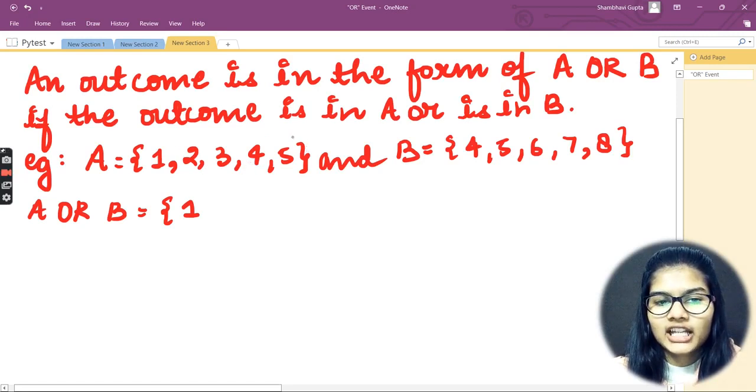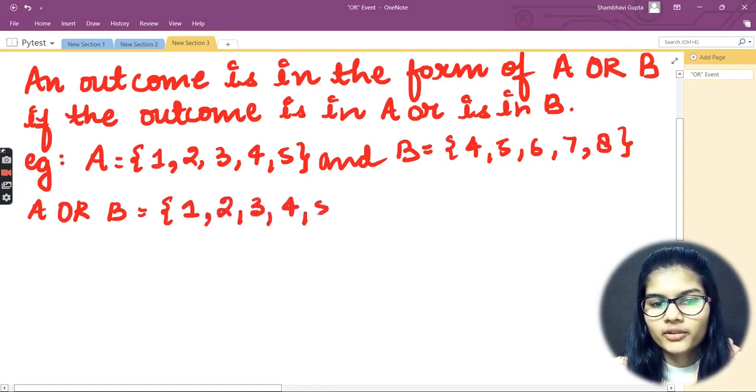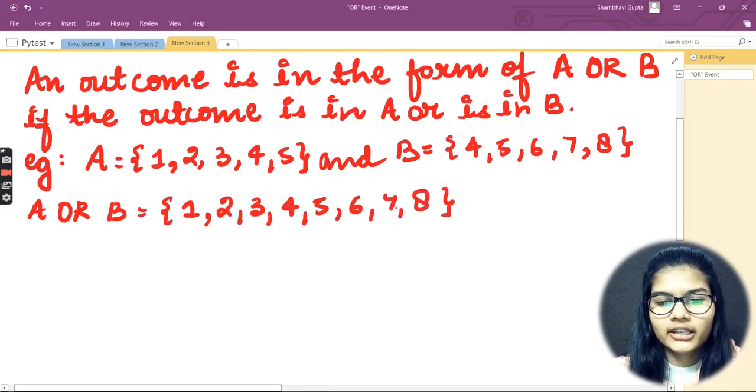So it will be written only once in the final answer. So it will be in the form 1, 2, 3, 4, 5, 6, 7, 8. This is how A or B will be.